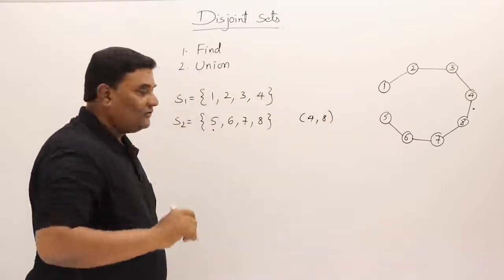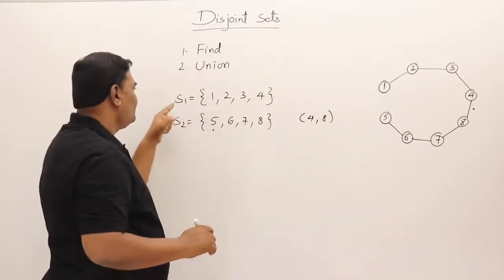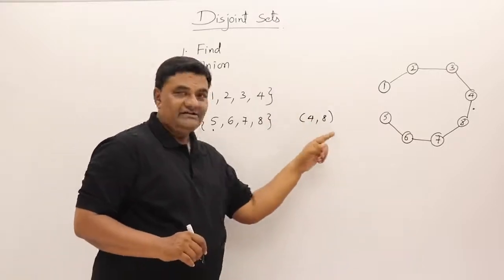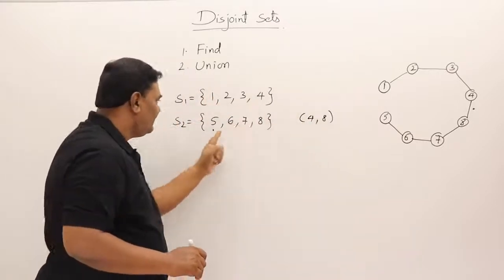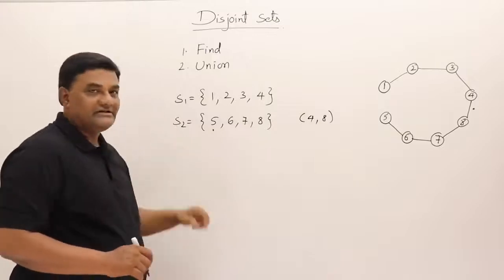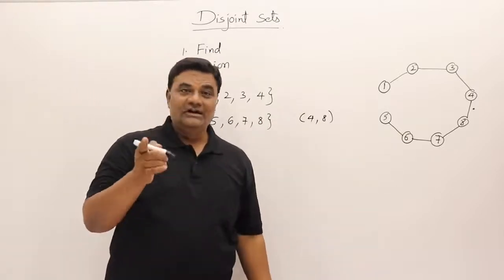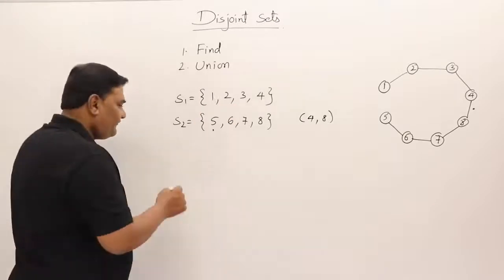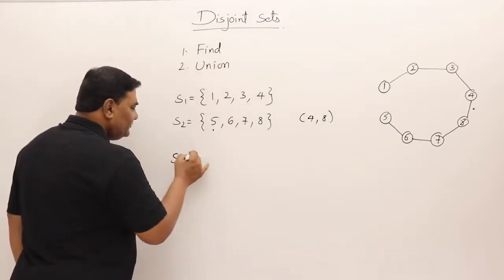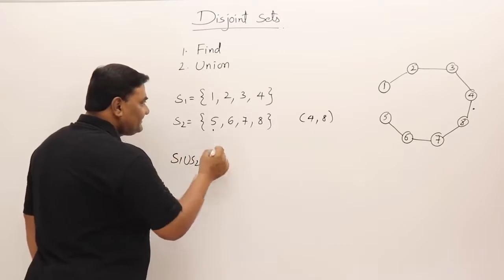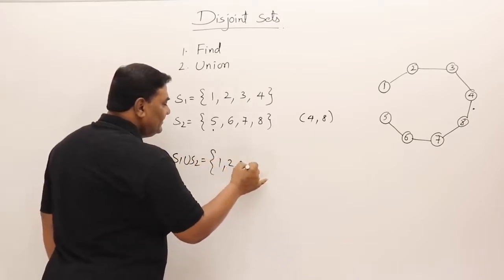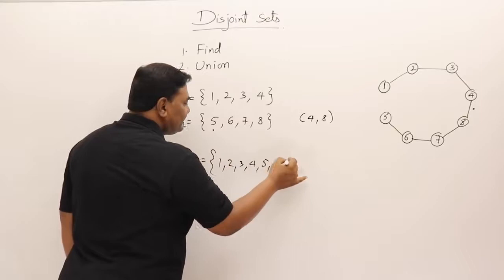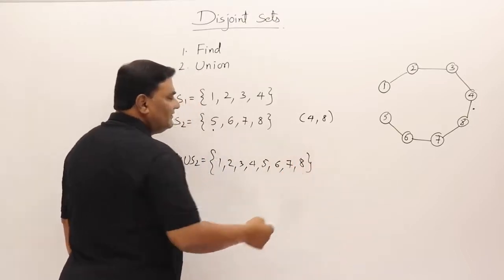Now find 4. Yes, it belongs to set 1. Find 8. Yes, it belongs to set 2. So find 4 and find 8 belong to two different sets. So perform union, S1 union S2. Now we get a set that is 1, 2, 3, 4, 5, 6, 7, 8.